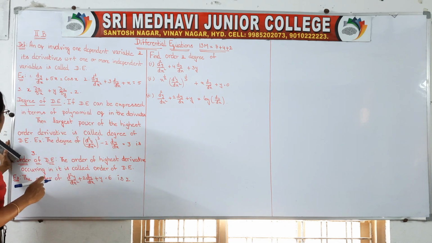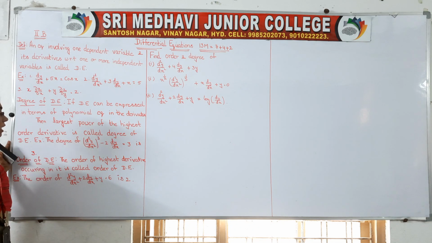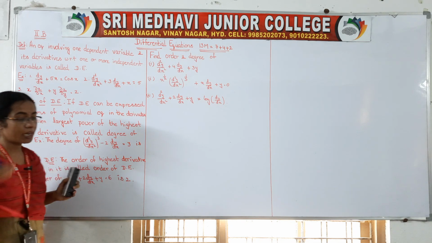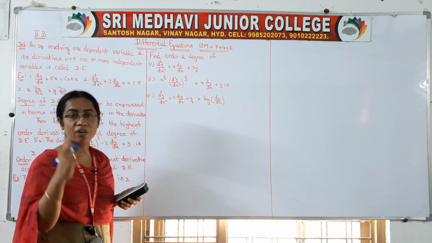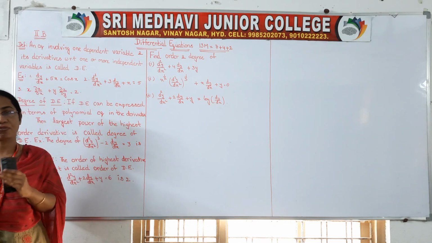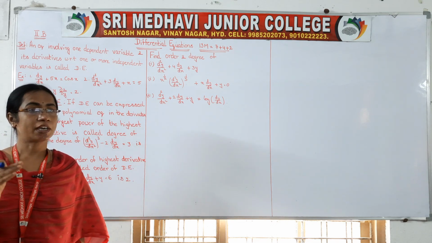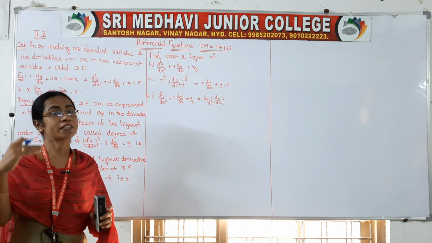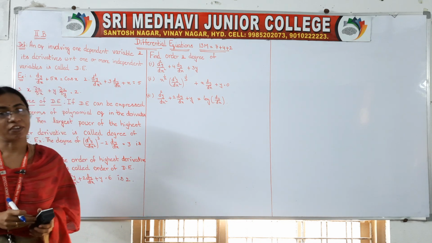Okay, so next come to the order and degree of a differential equation. How will we take the order and degree of the differential equation? If we differentiate y one time, then it is said to be a first order equation. First time differentiation is called first order. Suppose we differentiate y a second time, then it is called a second order differential equation.